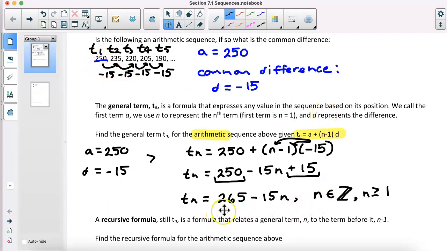This 265, is that our 0 term, technically? What I would say to focus on is that we're going to have positive numbers for this value of n, just to keep it simple. So that would be our general equation for this.